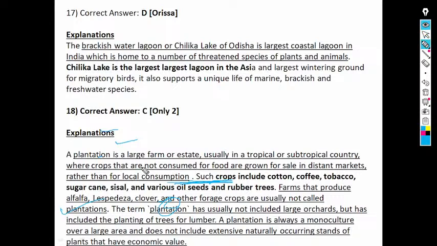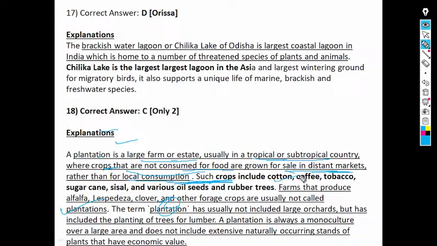Plantation is basically a large farm sector, usually in tropical and subtropical countries, where crops not consumed for food are grown for sale in distant markets rather than local consumption.